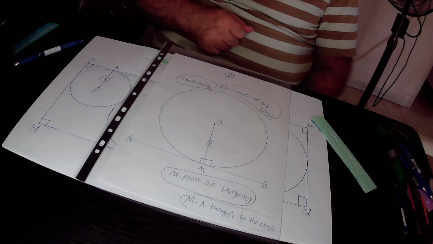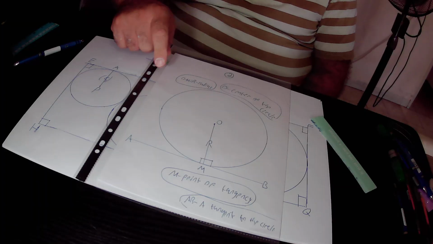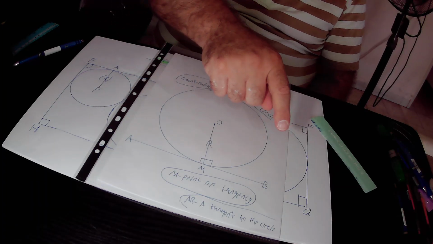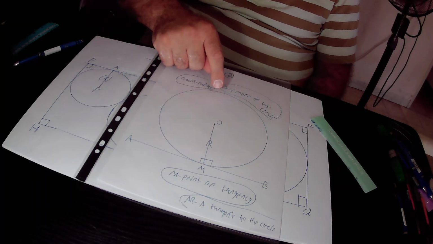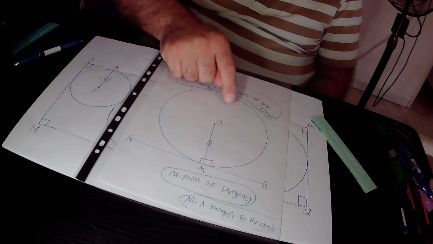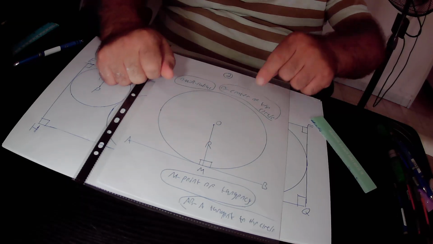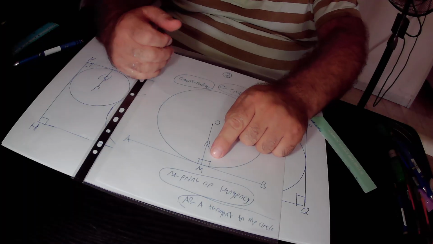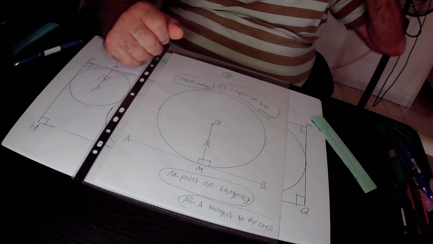And whenever a radius is drawn to the point of tangency, the tangent AB will be perpendicular to the radius MO. If AB is perpendicular to MO, this angle equals 90 degrees, and this angle also equals 90 degrees according to rule 1.